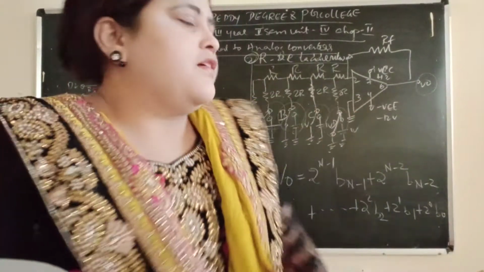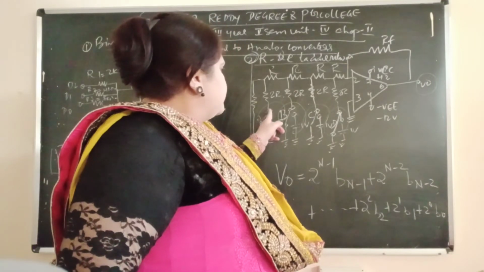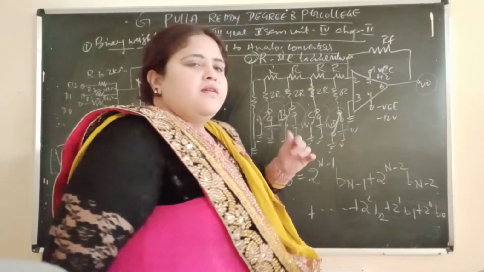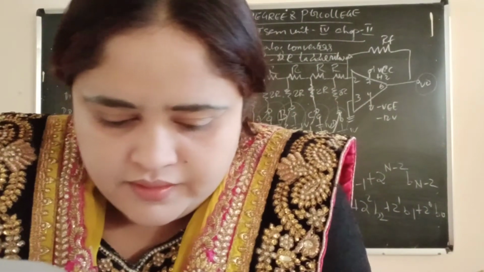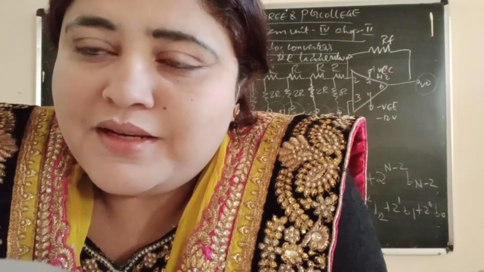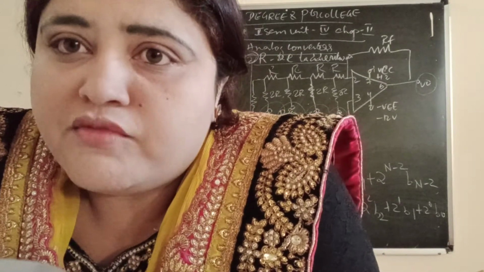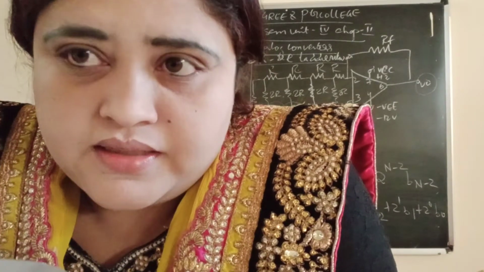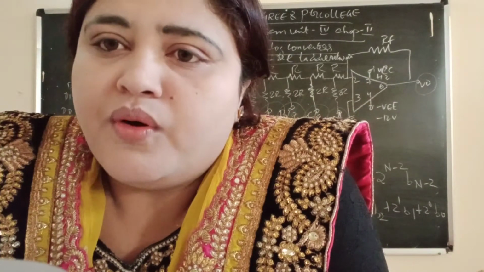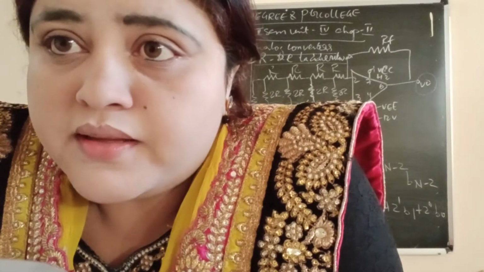If the switch is connected here, it is 0; if it is connected here, it is 1. So the inputs are given in the form of zeros and ones. Now, as soon as it takes zeros and ones as input, what is happening? The output will follow which method?